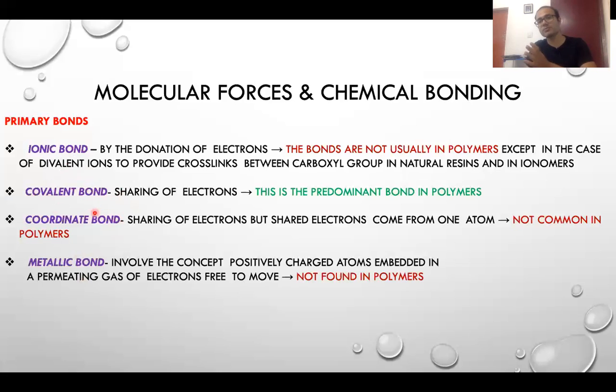Each of the monomer units are usually linked via covalent bonds to form the primary bonding in the polymers. Apart from covalent bonding, you have other bonding too: coordinate bonding, metallic bonding, and ionic bonding. Here I have written down that coordinate bonding is not a very common type in polymers, so you can put a note on that. But other forms of bonds you will definitely find in these polymers.